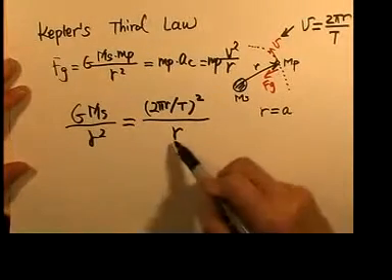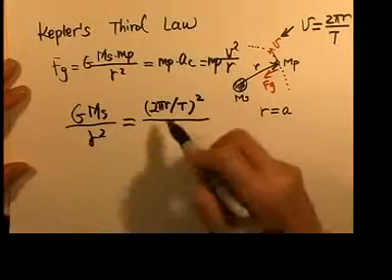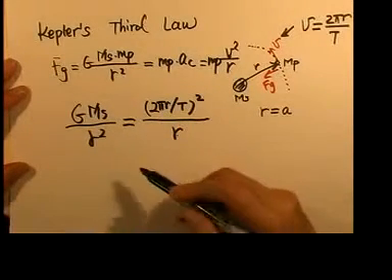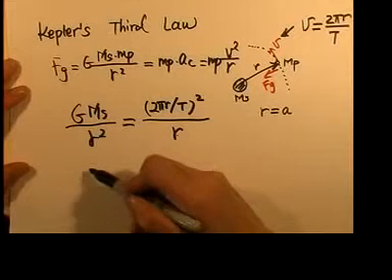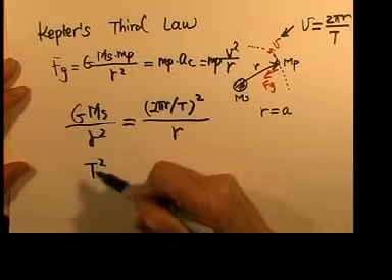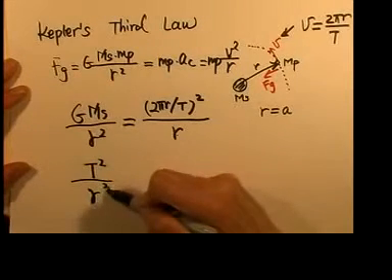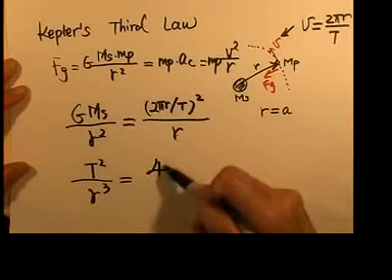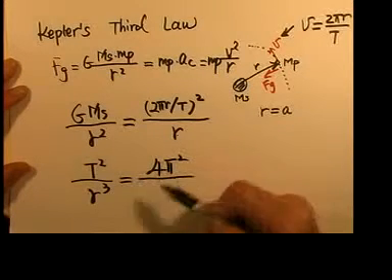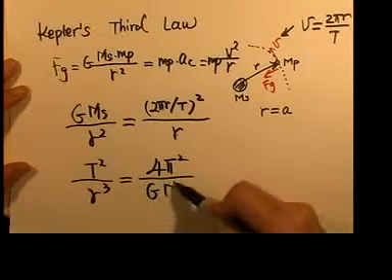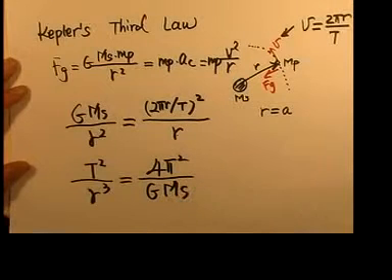As you can see, one of the r cancels, but here is r squared. If we combine everything, the result comes out as T squared over r cubed equals 4 pi squared divided by capital G, mass of the sun.